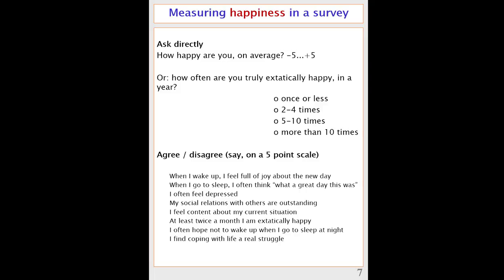So these are the things that we can say a couple more. We did ask, for instance, I find coping with life a real struggle. You know, typically something where if you score high there, not a good sign for your happiness. So for each and every one that we have here, we want something that is saying something about happiness, but not completely. And adding up all the bits, that'll work.